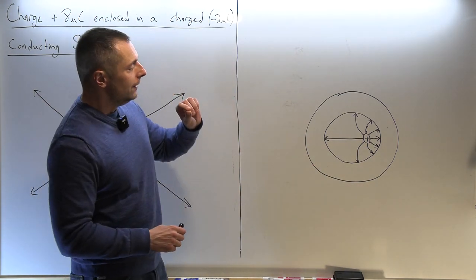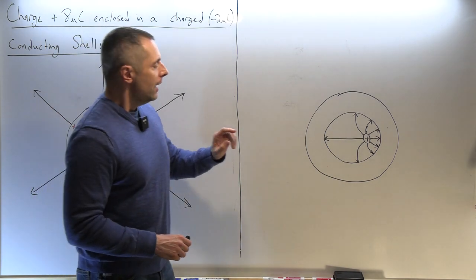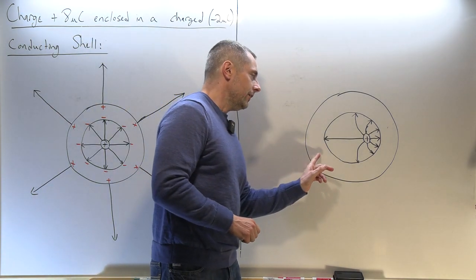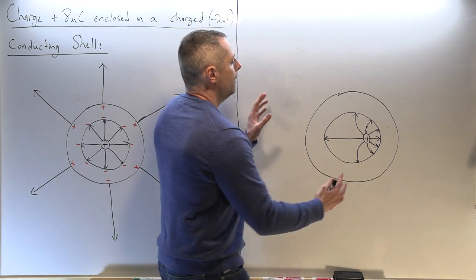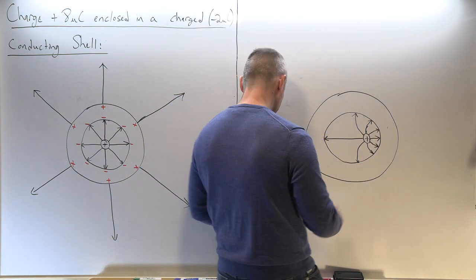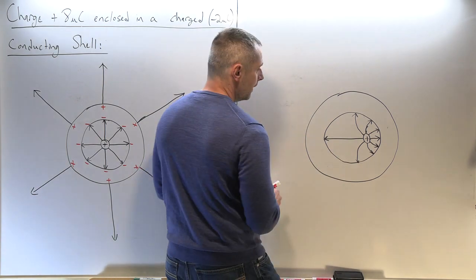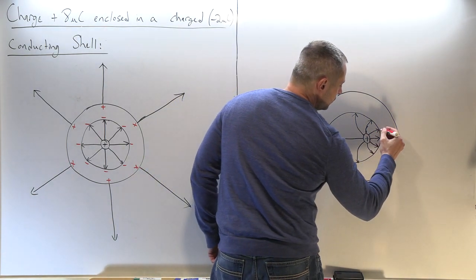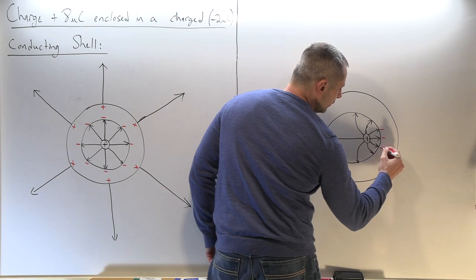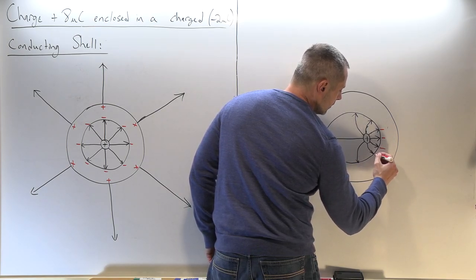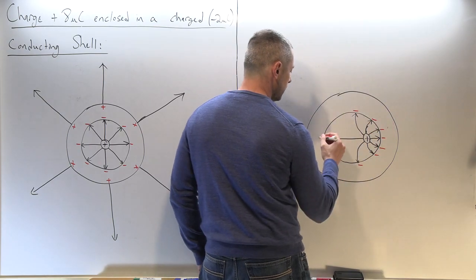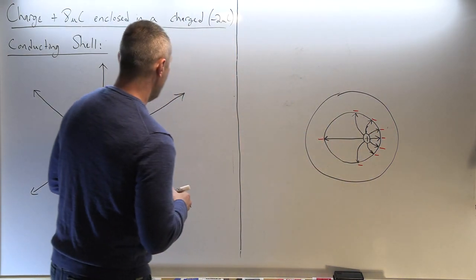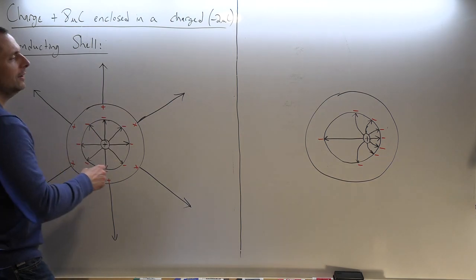So far, so good. The next point: the electric field has to be 0 here. How can that be? Minuses have to rush into these field lines. And so now the minuses are no longer symmetric. See what happened? Here they were even.